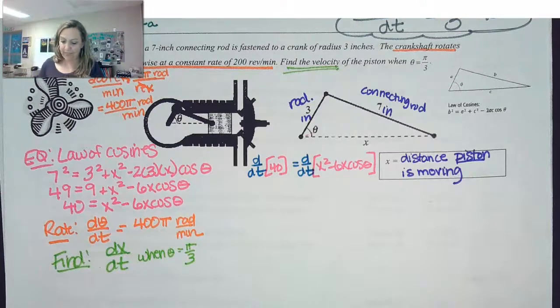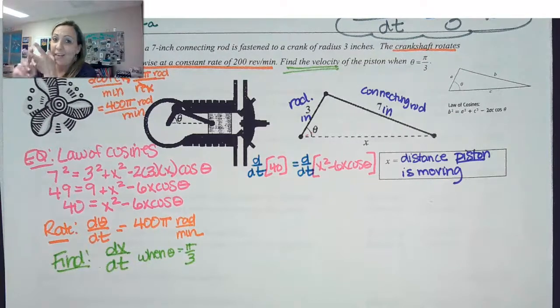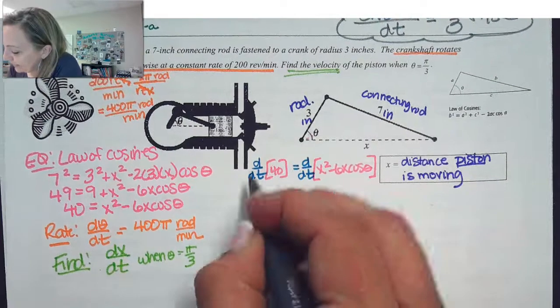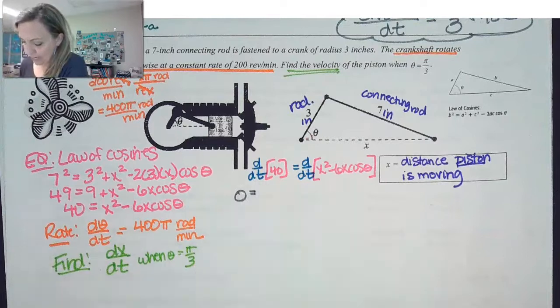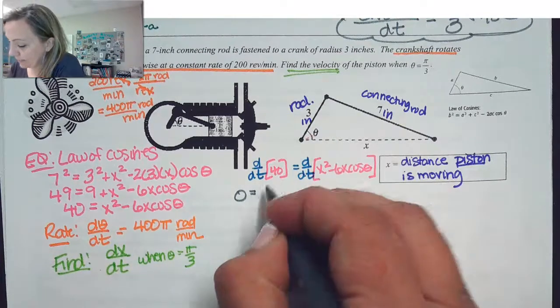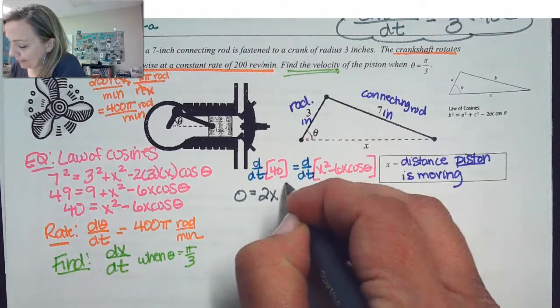You see this is going to get a little messy here. Notice we've got x, we've got theta, and we're taking both of these with respect to t, but it's going to be okay. So let's use all our knowledge of derivatives and go to town. We know that this is a constant, that's 0, that's nice. Now we need to take the derivative of x squared with respect to t, so that's going to be 2x dx/dt.